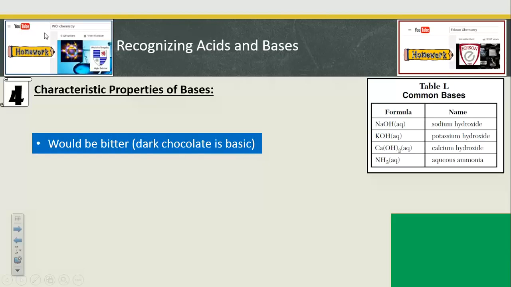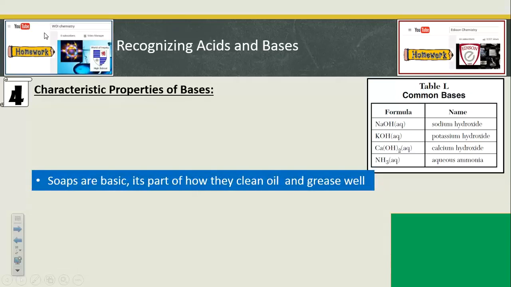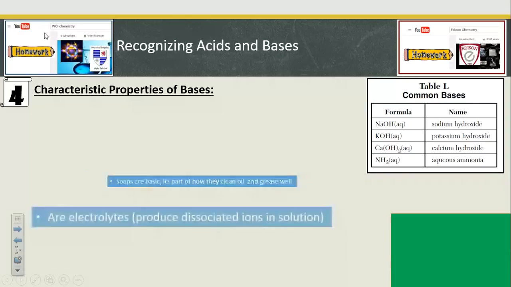These would typically be bitter, so think dark chocolate, which is quite basic. Hydroxide ions react with your skin oils to make things feel slippery. The base reacts with the oil in your skin to produce soap, which is slippery. Soaps are basic, which is part of how they clean oil and grease so well. They react with the oil and grease and carry it away with the water.